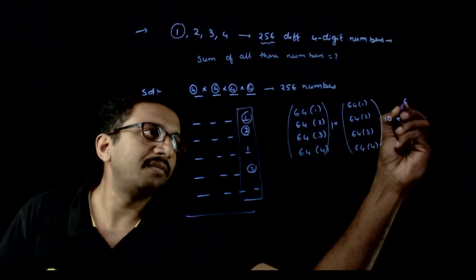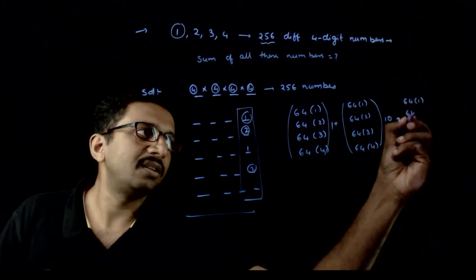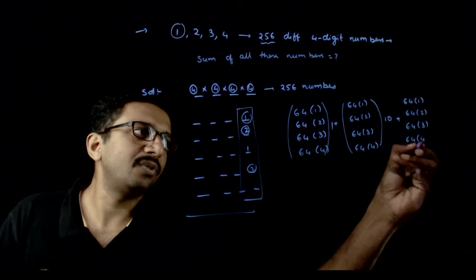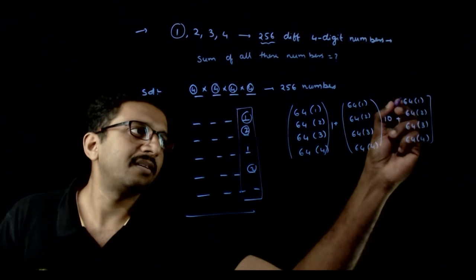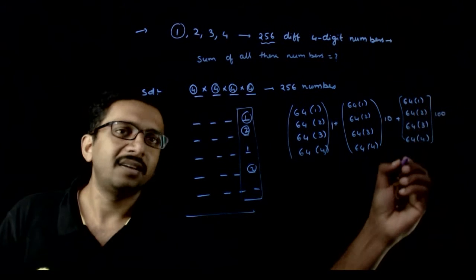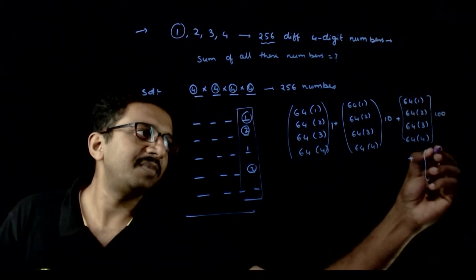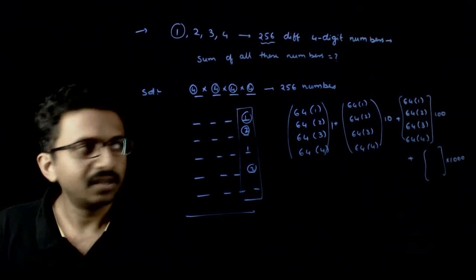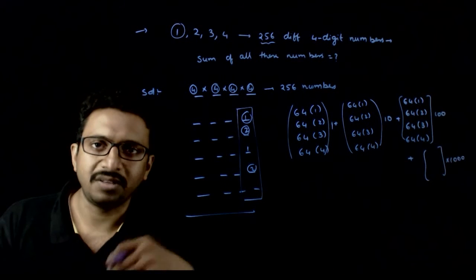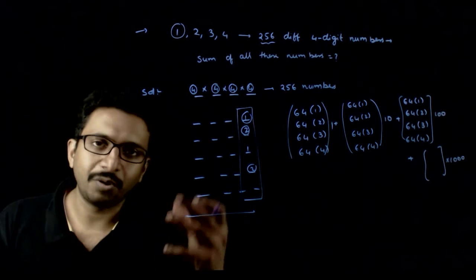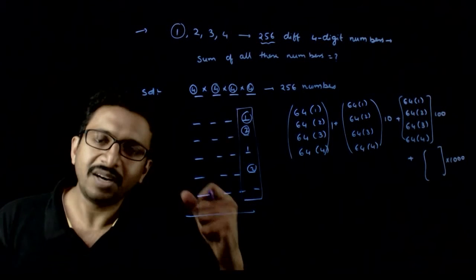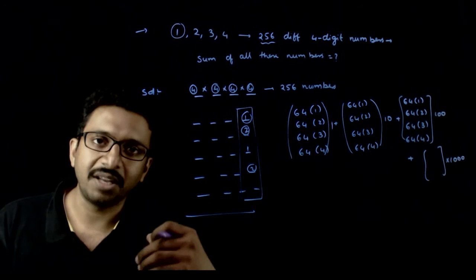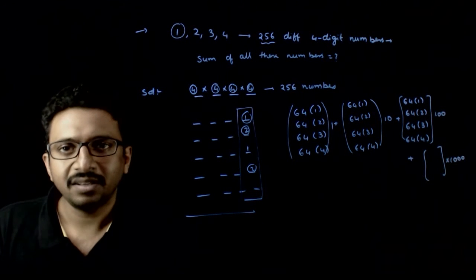If you add all of them, multiplied by 100, and similarly the same thing multiplied by 1000 for the thousands digit, you get the total sum of the numbers. So I add the units place numbers, tens place numbers, hundreds place numbers and thousands place numbers along with their place values to get the total sum.